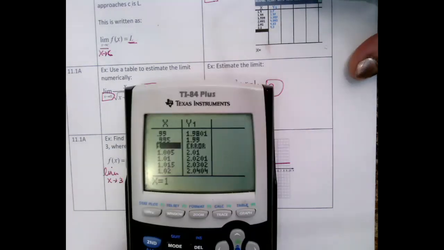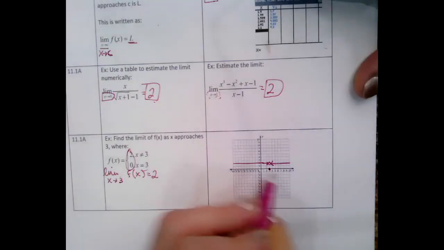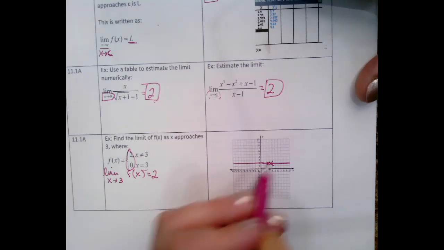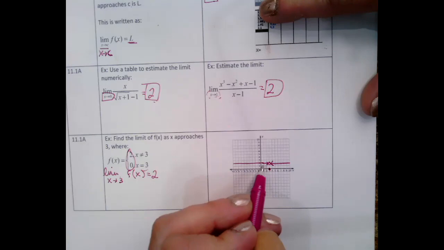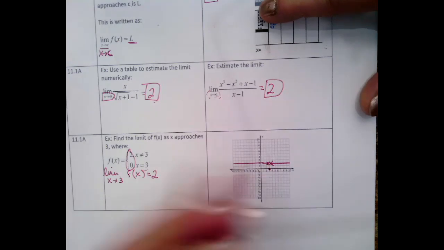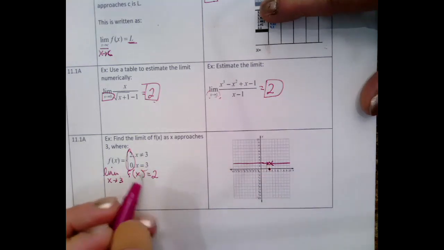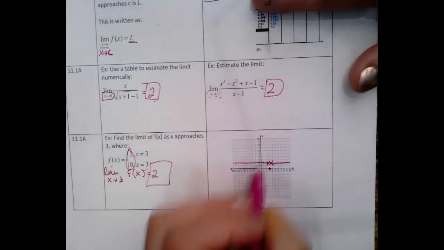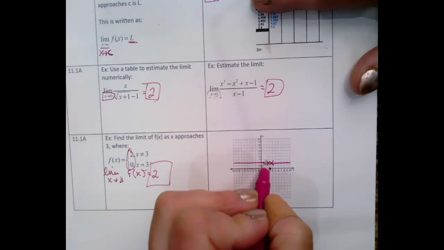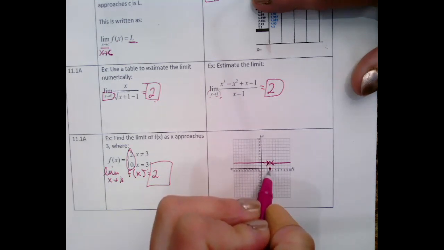Because we don't need to know what this thing is doing at 3. We want to know what it's doing as it gets close to 3. So as it gets close to 3, our limit is actually 2. Once again, we don't want to know what it's doing at that number.